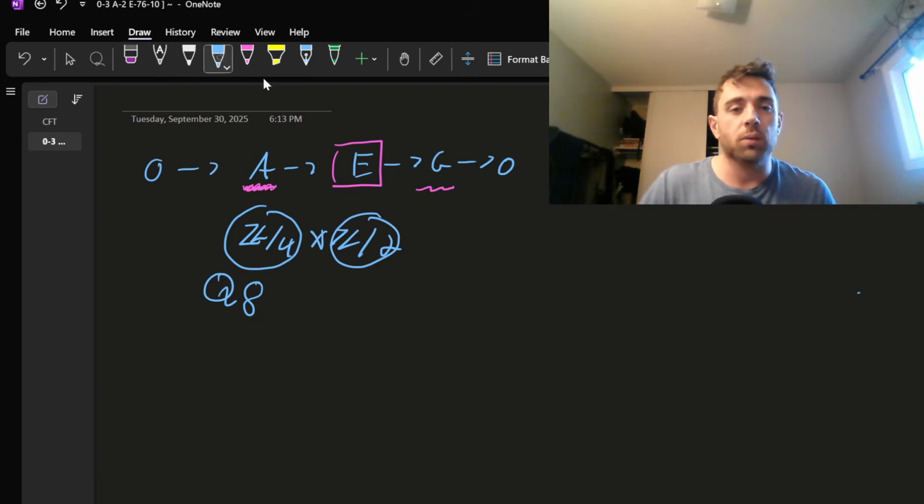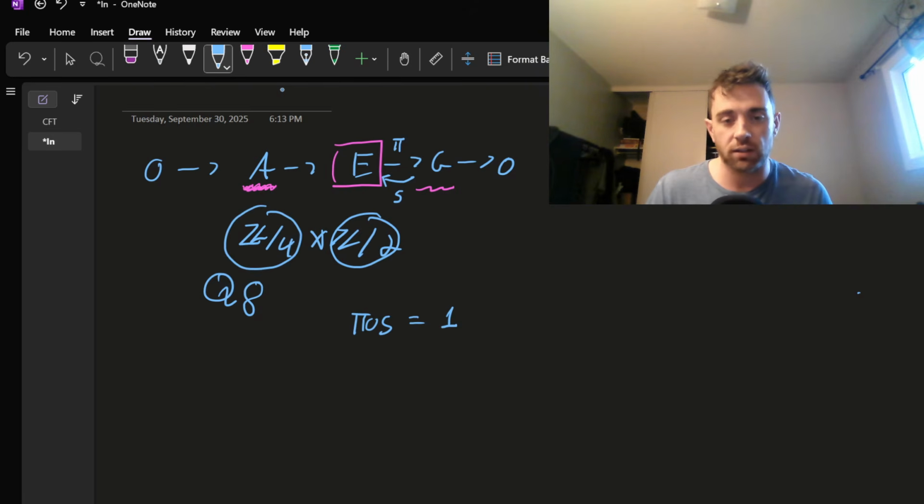So how did we proceed previously? Well, before, when we had a semi-direct product, the key was that we had a section. That was a map S from G to E, where pi composed with S was the identity. And essentially having this section is what allowed us to then construct E as a semi-direct product of A and G. But the important thing was that S was a group theoretic section.